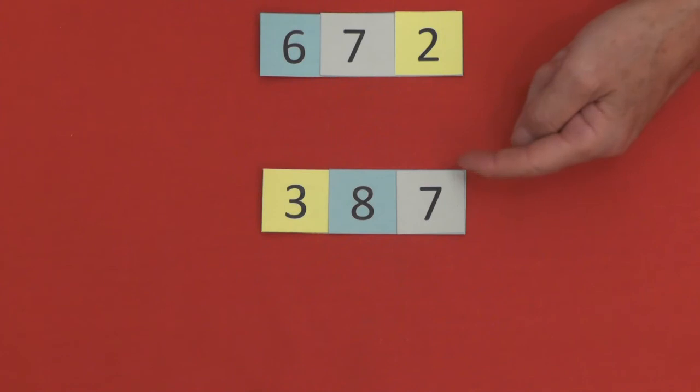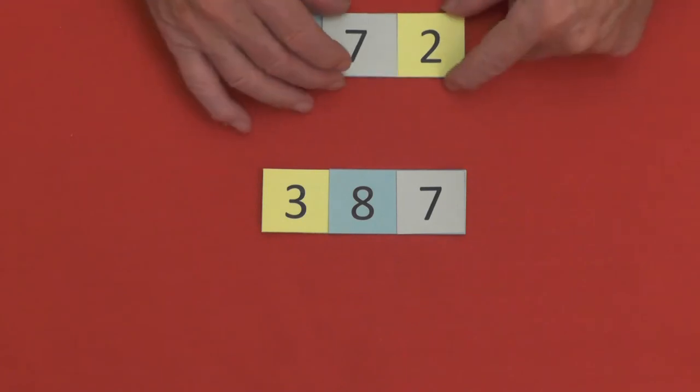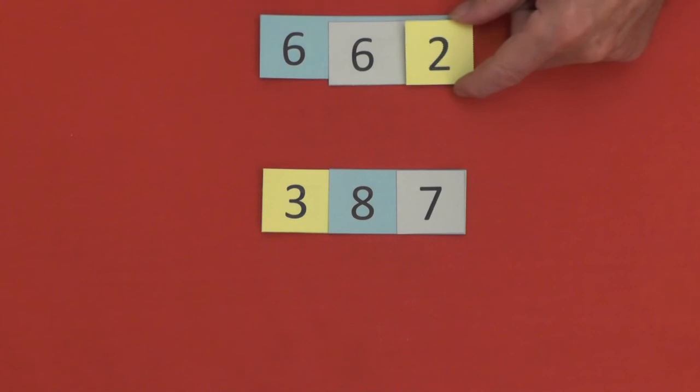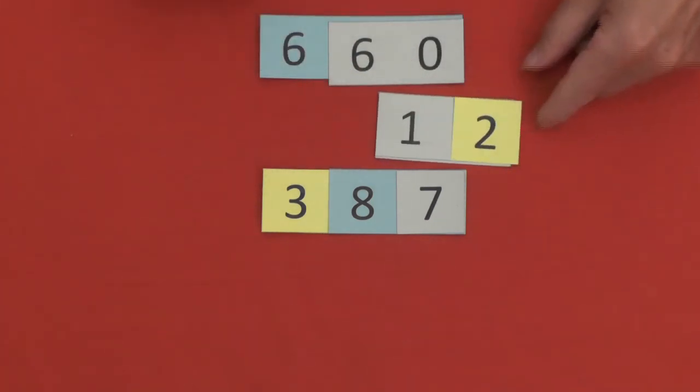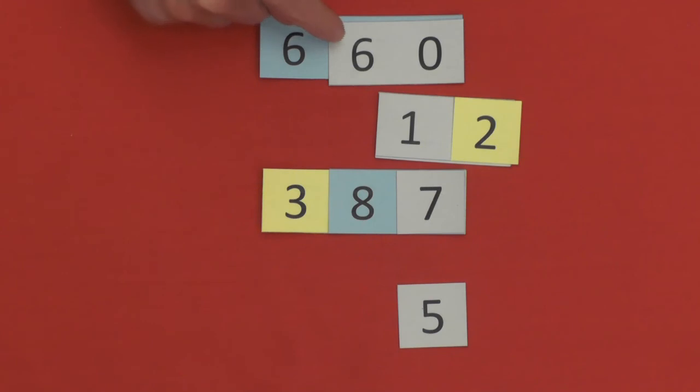First of all, the ones. 2 take away 7 is not possible. So I take the 70 and I put in a 60 and a 10. 12 take away 7 is 5. 60 take away 80 is not possible.